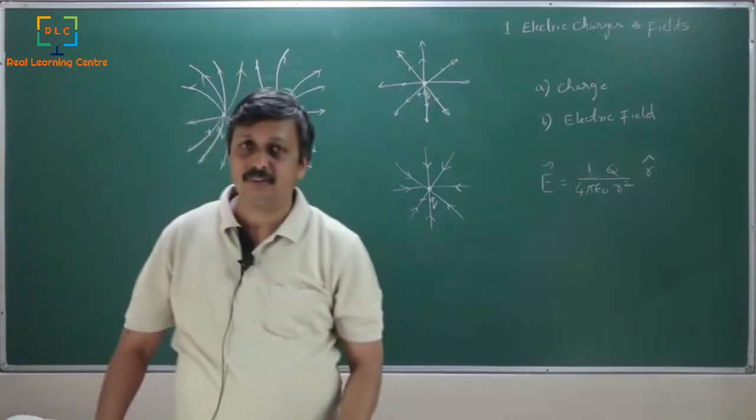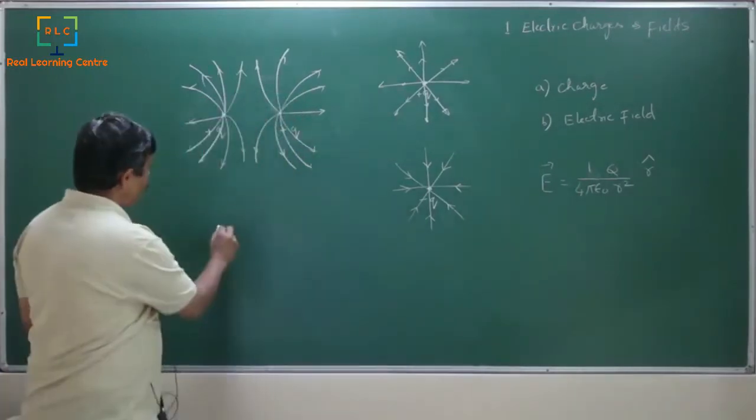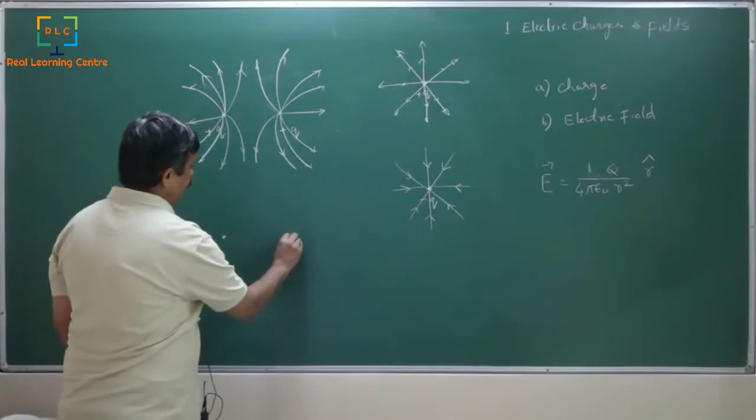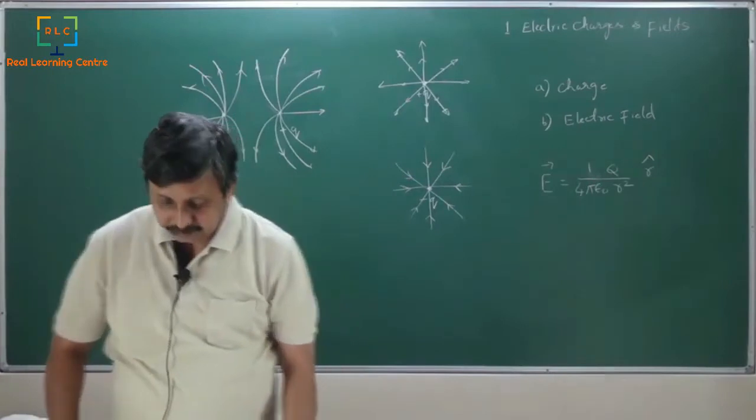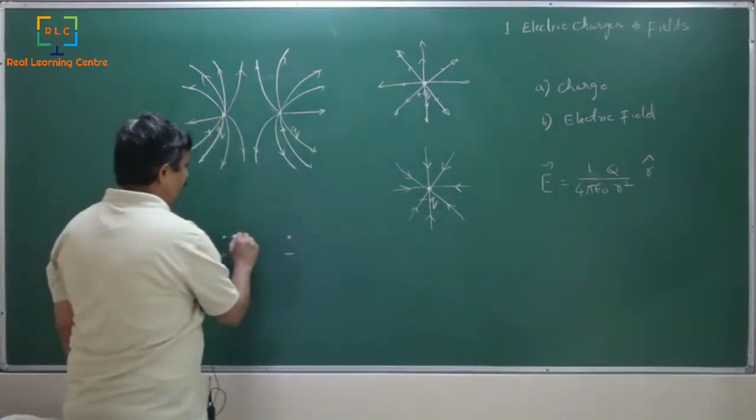So what if you have a positive charge and a negative charge? How do they look? Then they look like this.